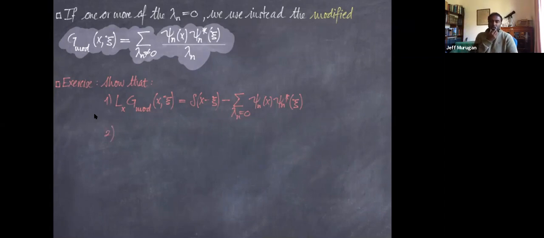The second thing I'd like you to show is that G modified is also Hermitian and orthogonal to all of the zero modes of Lx.